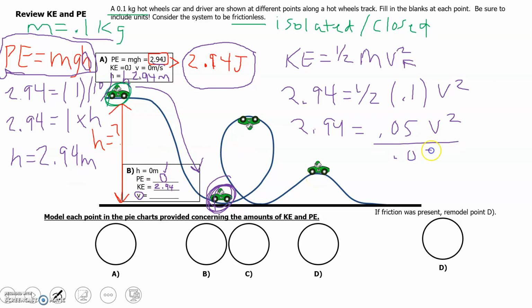We need to divide by 0.05 on both sides. On our right-hand side, this cancels out. When we simplify, 2.94 divided by 0.05 is 58.8 equals velocity squared. All right, we haven't found the velocity yet because we do need to take the square root. We want just the velocity.